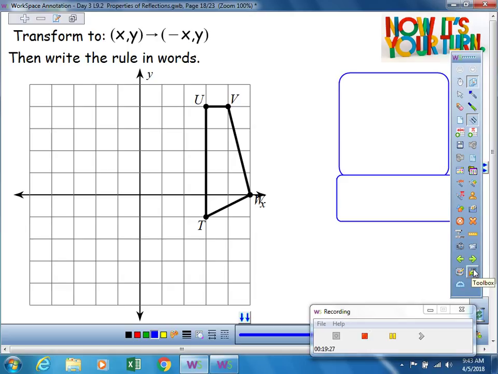Okay, look at this one. And just write this rule at the top. And again, down below where it says algebraic, cross off algebraic and write words rule.